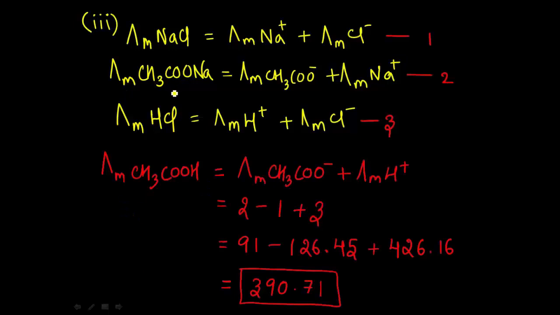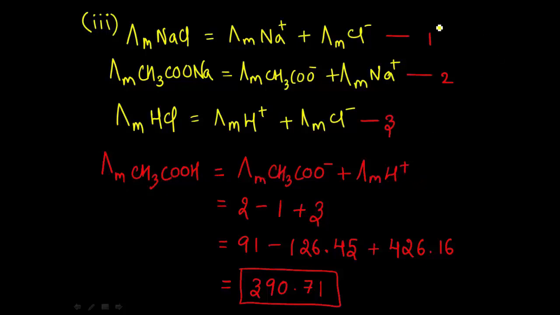In a similar manner, the molar conductivity of sodium acetate is equal to the summation of molar conductivities of the acetate ion and sodium ion, and similarly, the molar conductivity of hydrochloric acid is equal to the molar conductivity of H+ and Cl- ion. Now to find out the molar conductivity of acetic acid, it will be equal to the molar conductivity of acetate ion and hydrogen ion.